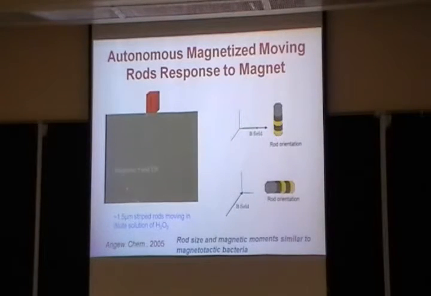This is not a great movie, but anyway, when the field is off, they move in different directions. When the field comes on, they start to move in lines. And by the way, they're about the same size and magnetic moment as the magnetotactic bacteria. How many of you know about magnetotactic bacteria? These guys have little magnets in them, and they're bottom feeders.